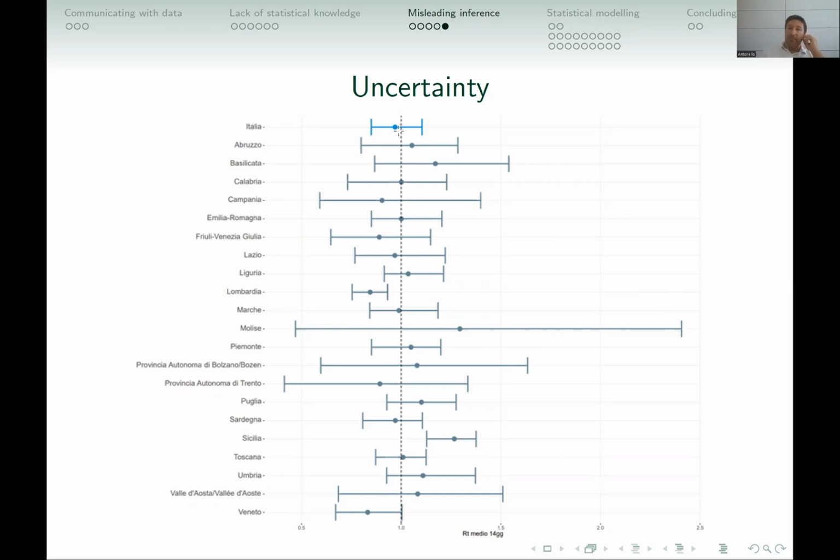The problem was that the point estimate of Rt was largely taken as the guiding indicator to impose restrictions. So for example, Molise in this case was in the orange zone. After a while, they realized that probably the point estimate was too uncertain, so in Italy we started looking at the lower bound of the credible interval.